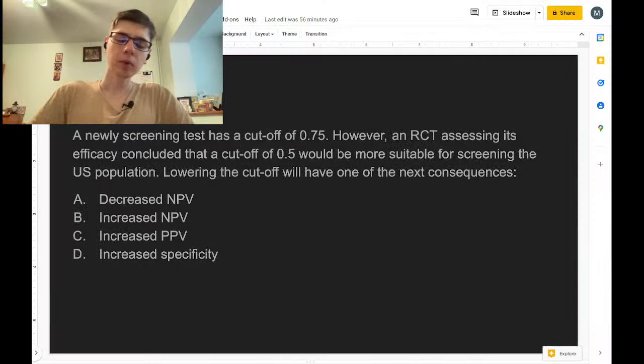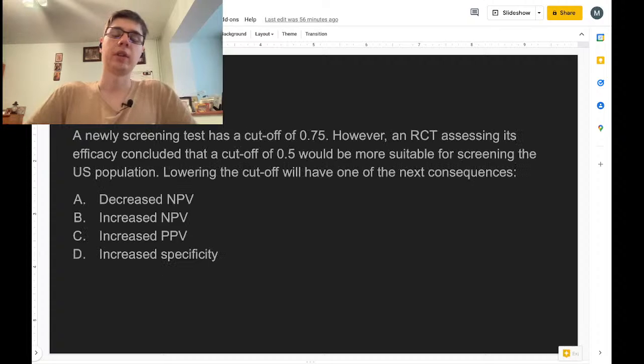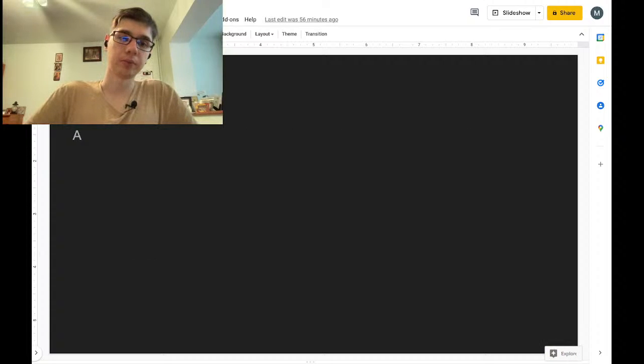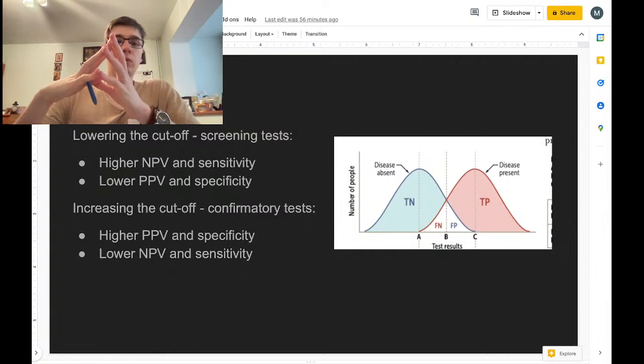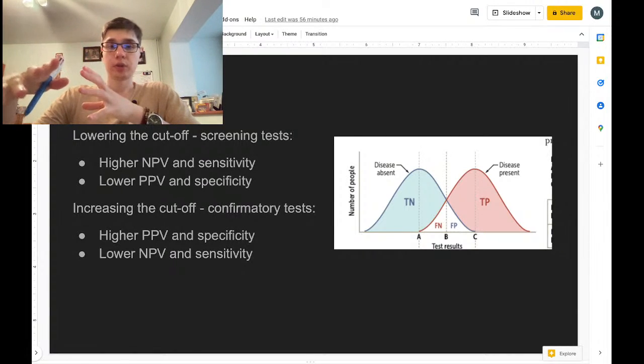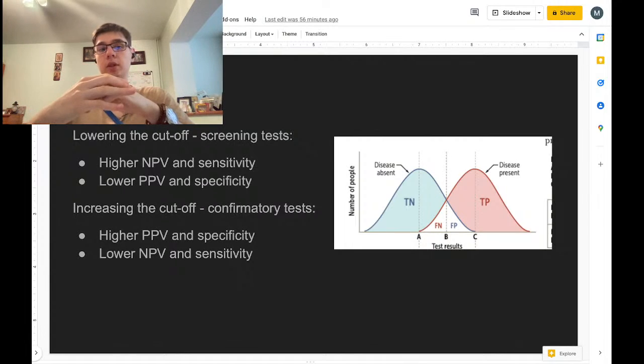Okay. So, the answer is A. We have a decreased negative predictive value. Now, for what concerns the cutoffs, we want to lower the cutoff if we have a screening test.